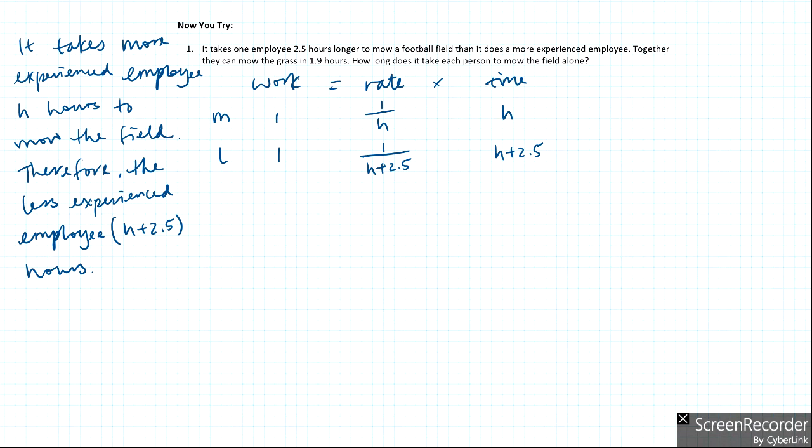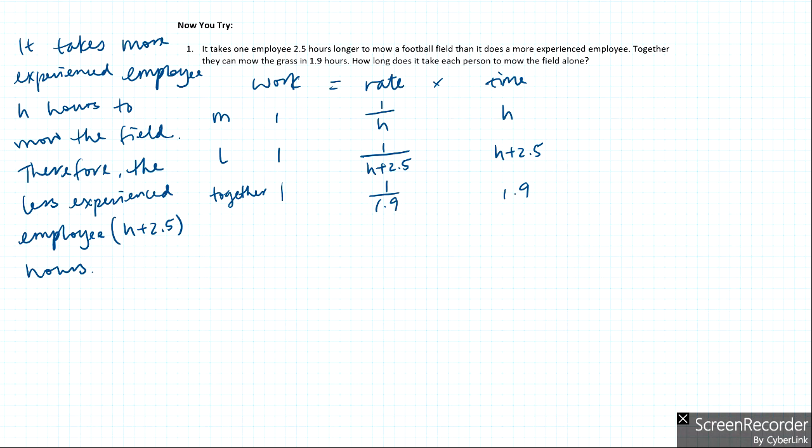And then if they work together, they are still mowing the same field, so the work is still one. And I also know that they can mow the field in 1.9 hours. That's given, and therefore I know the rate is 1 over 1.9 in this case.